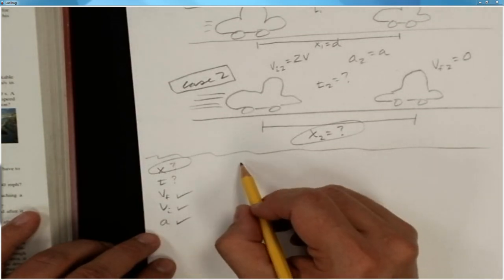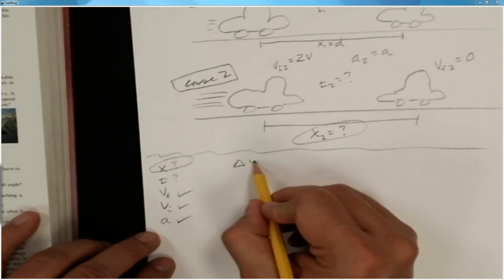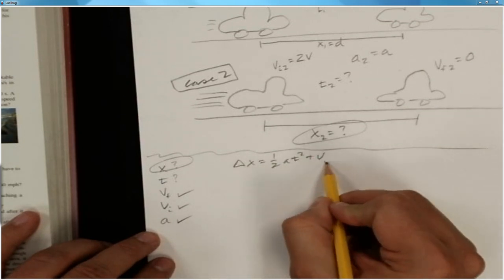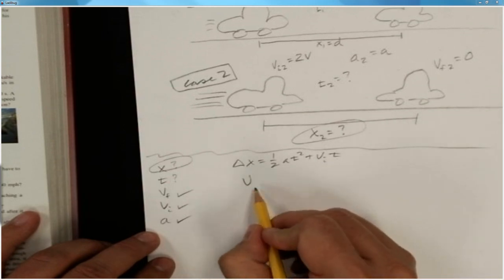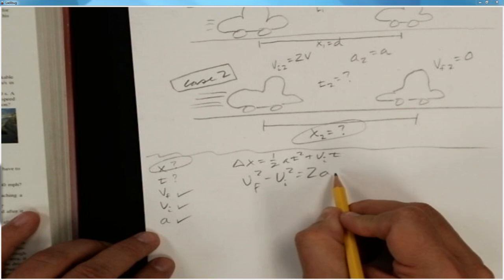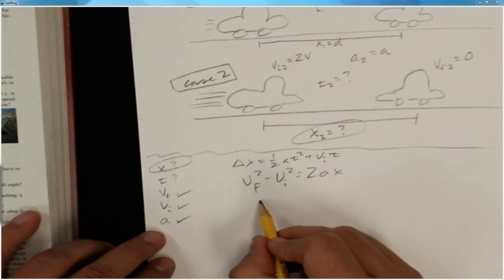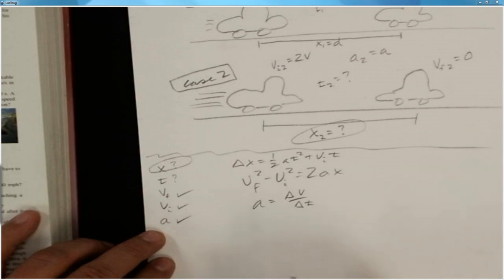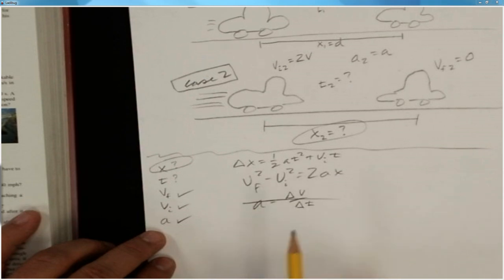My kinematic equations are... and... All right, so I've got VF, VI, and A, and I need X. Well, there's no X here, so that's of no use to me.